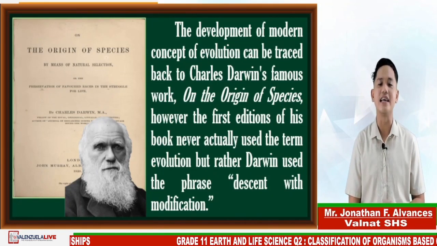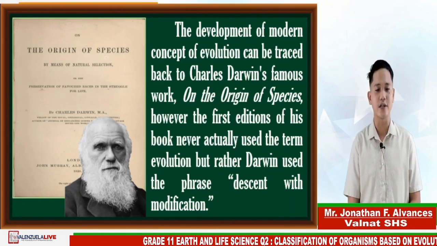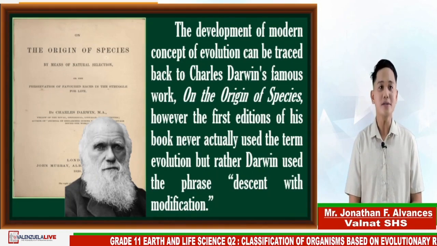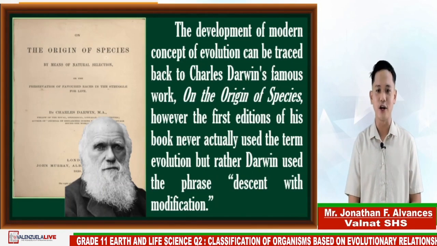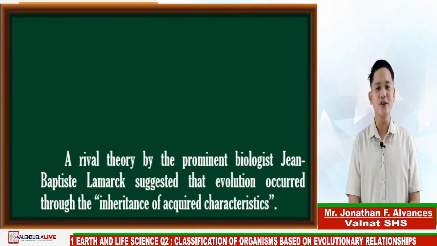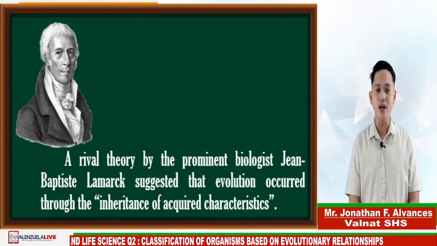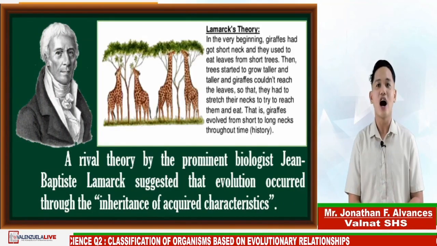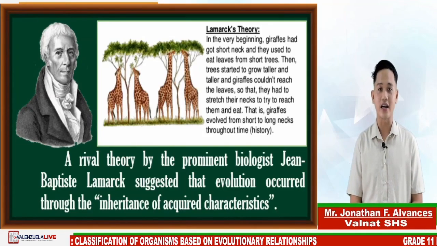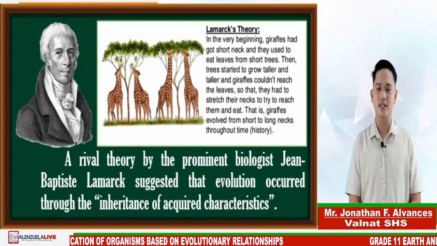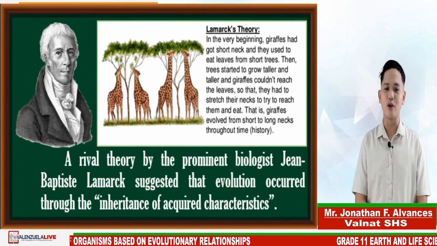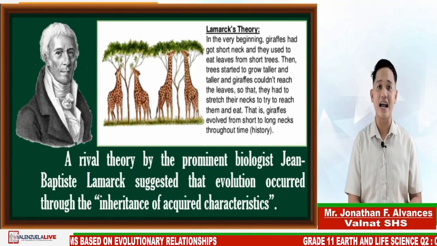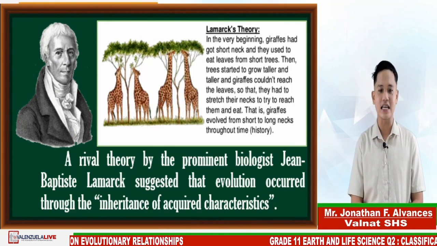He followed a long line of earlier philosophers and naturalists who studied the process of evolution. One of the other theories of evolution aside from the works of Darwin is that of Jean-Baptiste Lamarck, a prominent biologist. He proposed that evolution occurred through the inheritance of acquired characteristics.